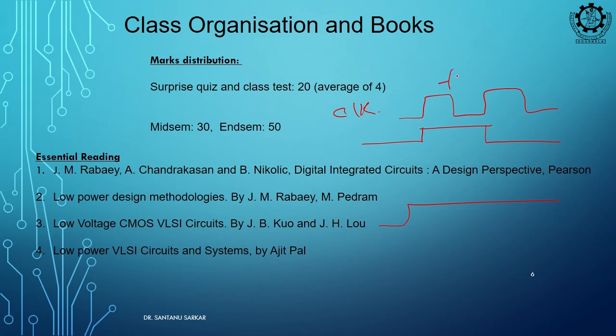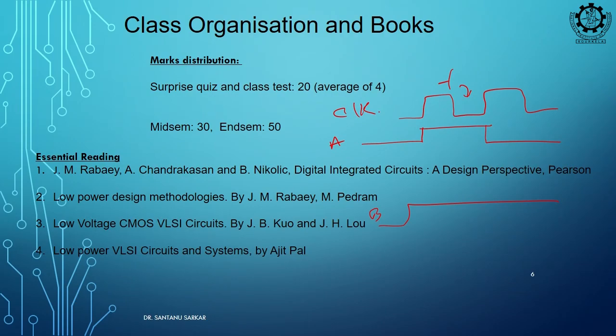So, this is your F, this is your clock, and between signal A and signal B, which one is switching more frequently? A is switching more frequently, so it will burn more power. If you are talking about dynamic power, the more frequent the switching, the more power you burn.